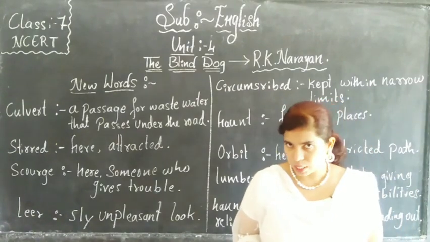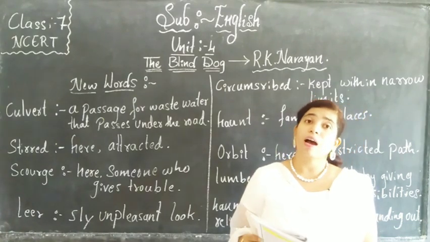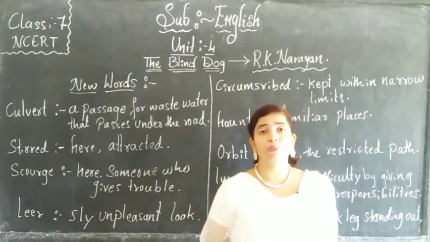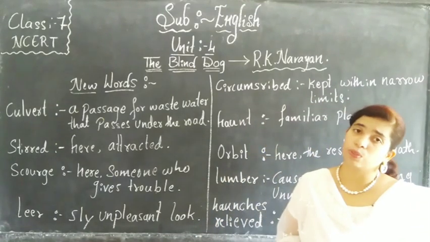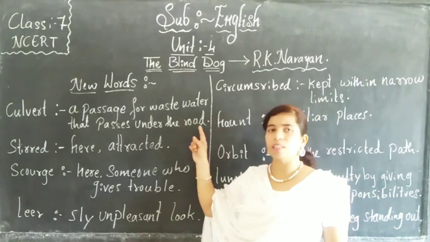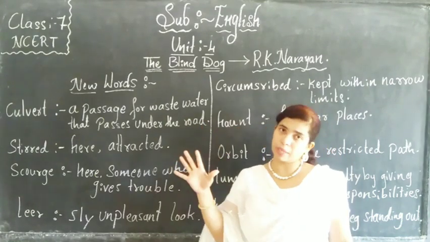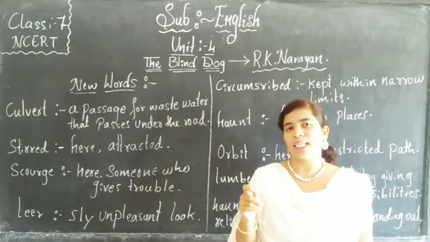As it was before 2 years, it has a number of wounds on its body, and in the afternoons when he wanted to take rest on a hot sunny day, it would go to the culvert. Culvert, in the sense I said, is a small passage for wastewater to flow. In the simple sense, drainages.